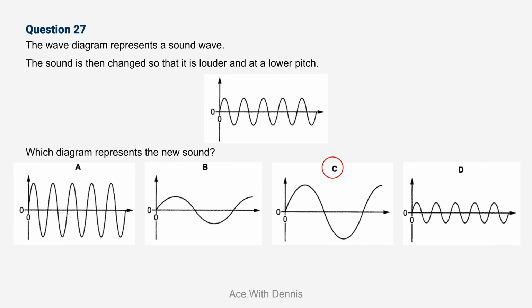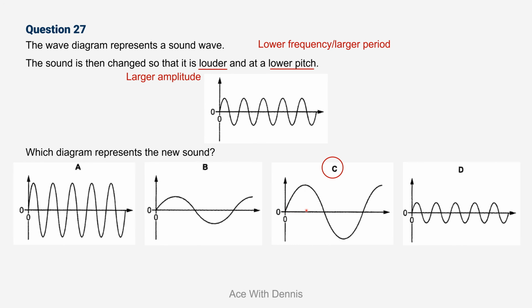The answer is C. The new sound has to be louder, which means that it has larger amplitude compared to the original sound wave. Also, it has to be at a lower pitch, which means that it has lower frequency or larger period. As you can see from option C, it has larger amplitude.